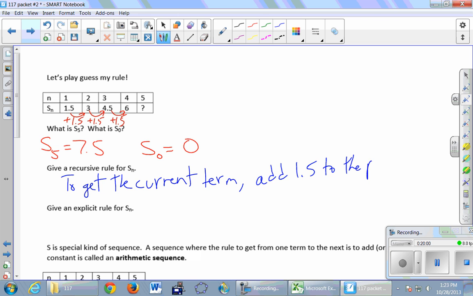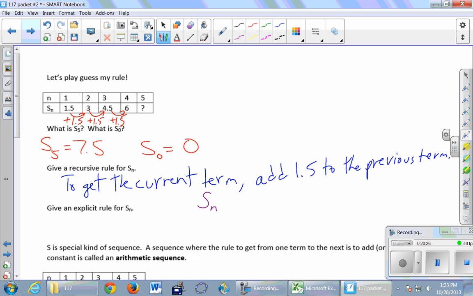The previous term, or the term before it. Okay, what's our generic name for the current term? It is now S sub n. It was A sub n. We'll use the n every time. The subscript will always be n in general, but the other letter makes no difference.